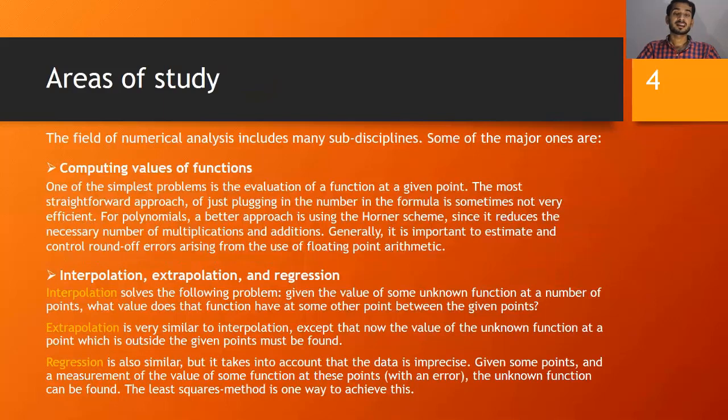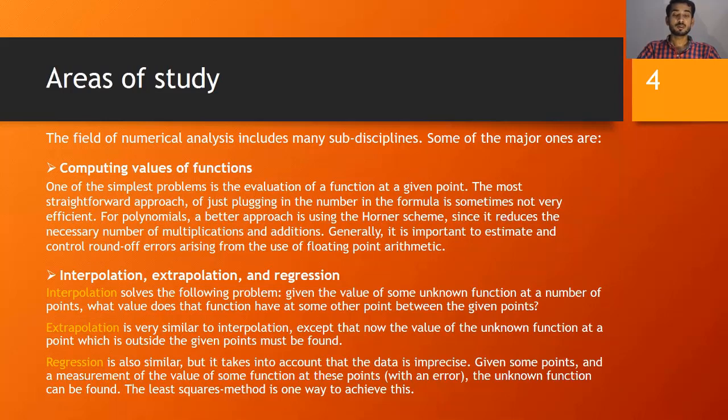So here are the areas of study where numerical analysis is used. The field of numerical analysis includes many subdisciplines. Some of the major ones are computing values of functions. One of the simplest problems is the evaluation of a function at a given point. The most straightforward approach of just plugging the number into the formula is sometimes not very efficient.